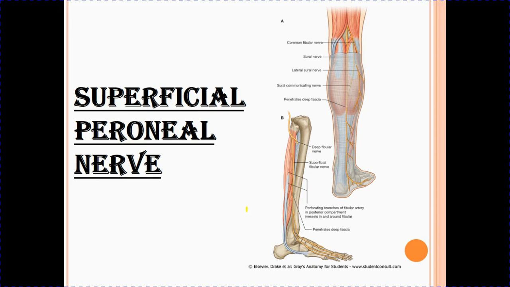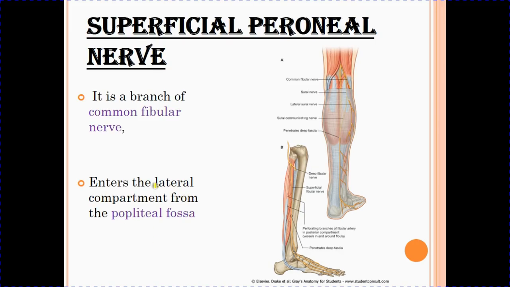The nerve of this compartment is the superficial peroneal nerve. We told you that the common peroneal nerve, the common fibular nerve divides into a superficial and a deep branch. The deep branch supplies the anterior compartment and the superficial branch supplies the lateral compartment.